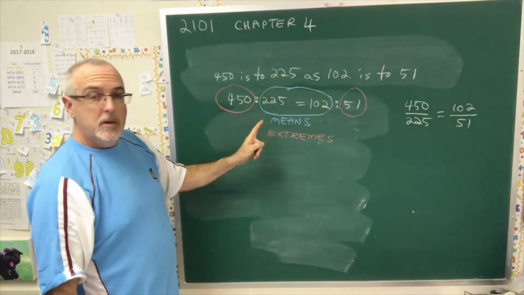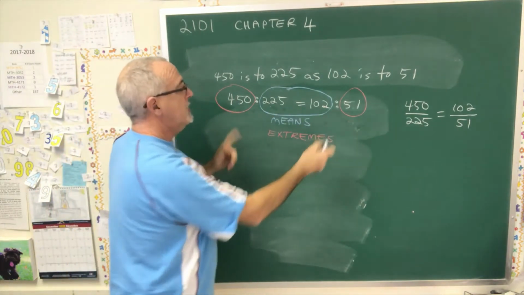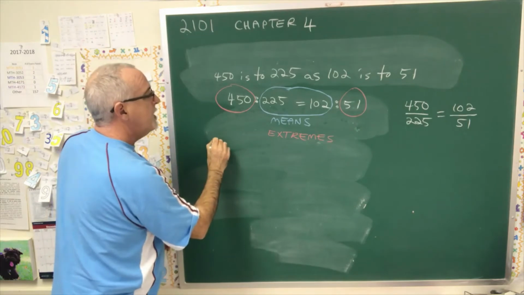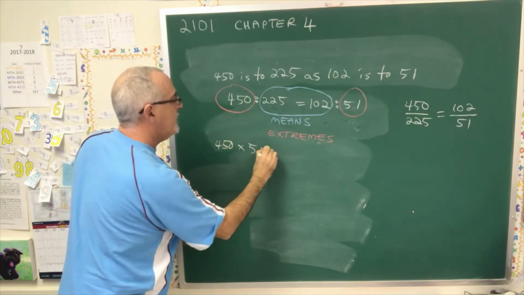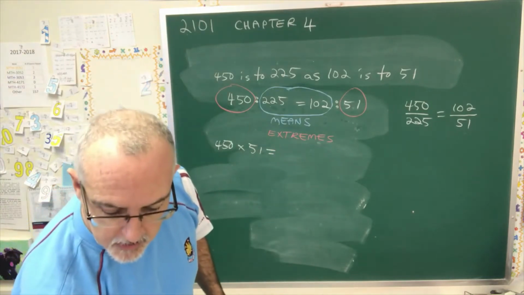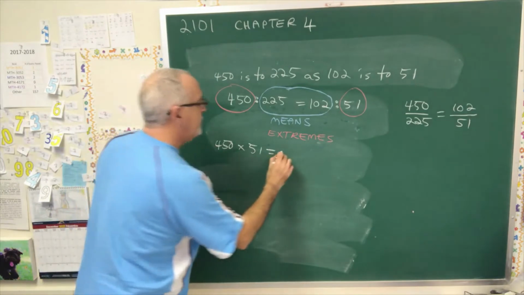What we can do is multiply the two means and also multiply the two extremes. So I'm going to do that next. Starting with the extremes, 450 times 51 gives me, I did this ahead of time, I admit it, 22,950.